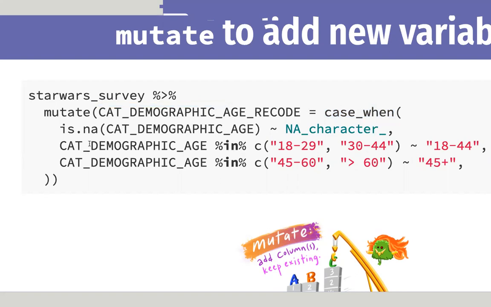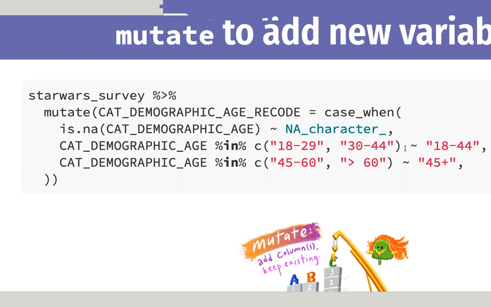And so here I'm adding a new variable to my data set called cat demographic age recode. It's going to be the case when the cat demographic age variable is missing. So when is.na is true, I would like this variable to be na underscore character, which is just a specific type of na that's a character vector. So I want my recoded age to still be missing if my actual age in my data set is missing.